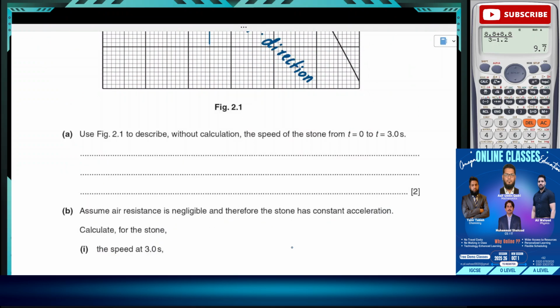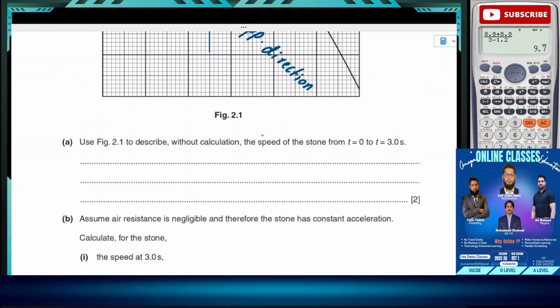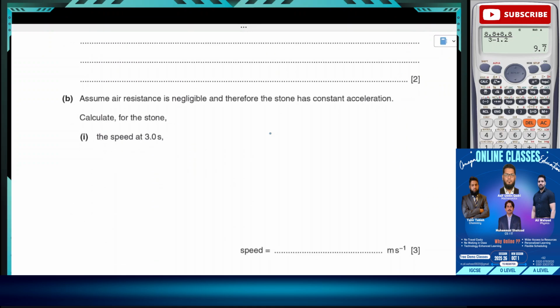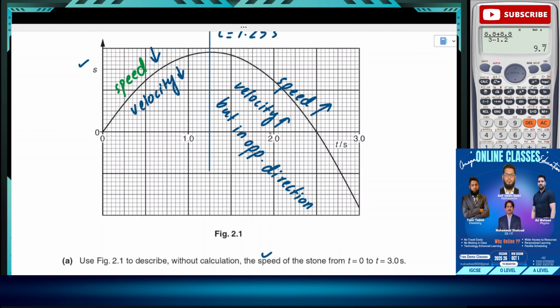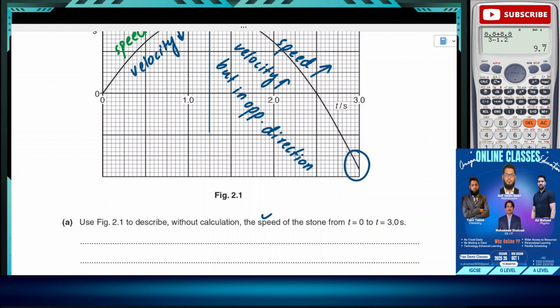But let's see, our question is about the speed, so we don't have to mention the direction. Assume that the air resistance is negligible and therefore the stone has constant acceleration. Calculate for the stone the speed at 3.0 second. So we need to find the speed over here.